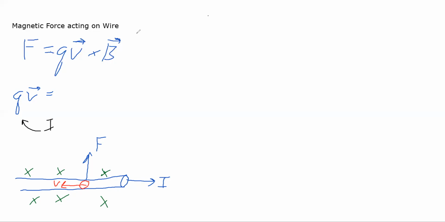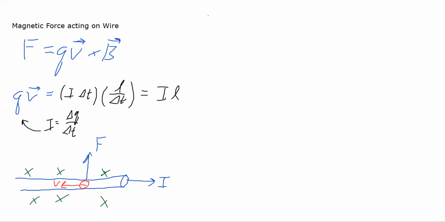So current equals delta Q over delta T. So that Q, I could substitute, instead of Q, put current times time. All right, and velocity is just the distance, in this case the length of the wire, over time. So this equals current times L.